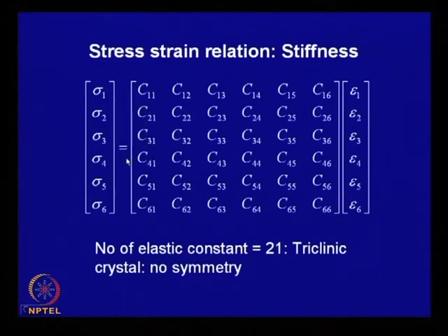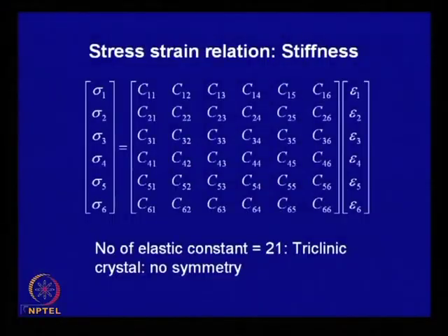From this it is possible to show the symmetry, that is, I said that sigma ij is the same as sigma ji, so these indices are interchangeable. With this, it is very easy to show that in this stiffness matrix, this component C 1 2 will be the same as C 2 1. So, what it means is this 6 by 6 matrix is actually a symmetric matrix. So, how many elastic constants do you have here?